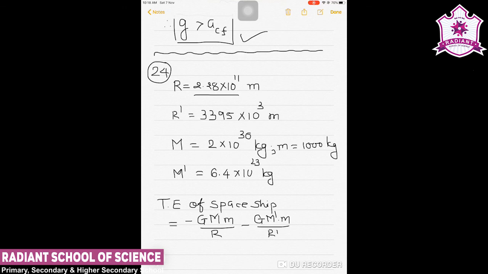Now from this equation we can say that the energy required to rocket out the spaceship from the solar system is equal to minus of the total energy of the spaceship.